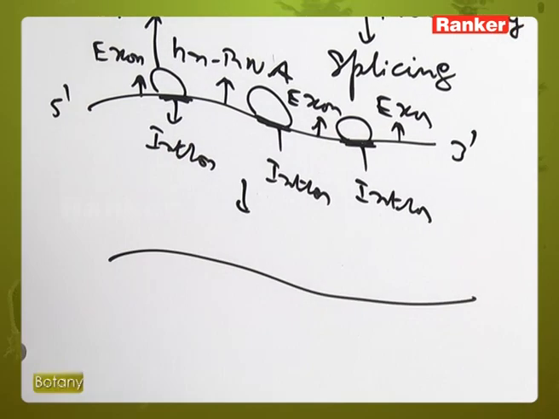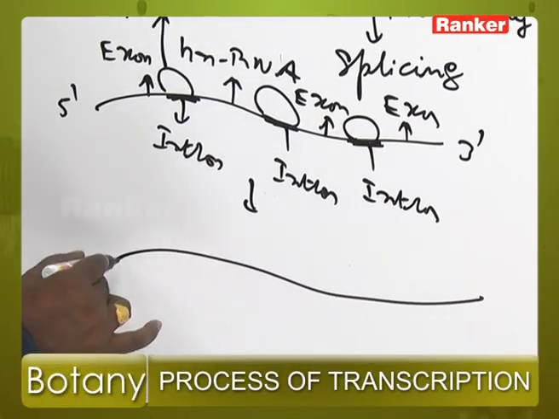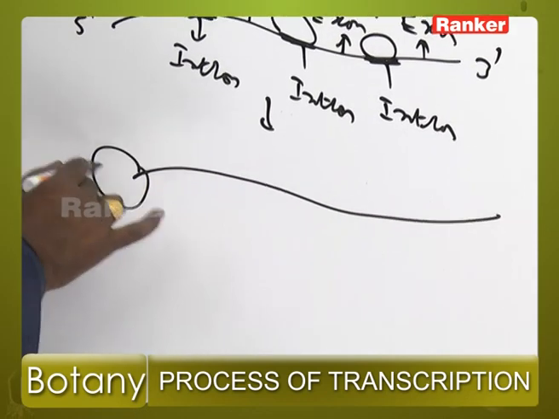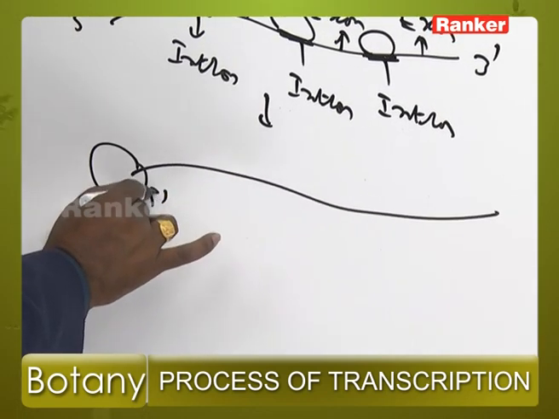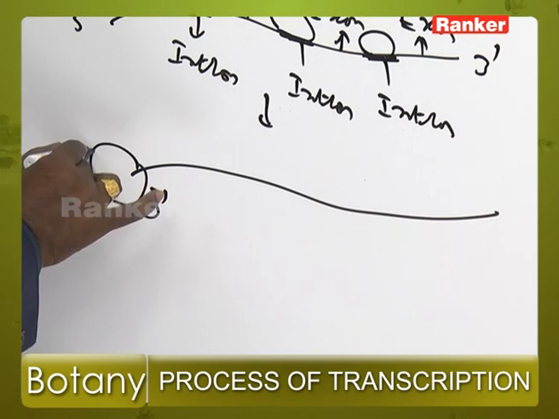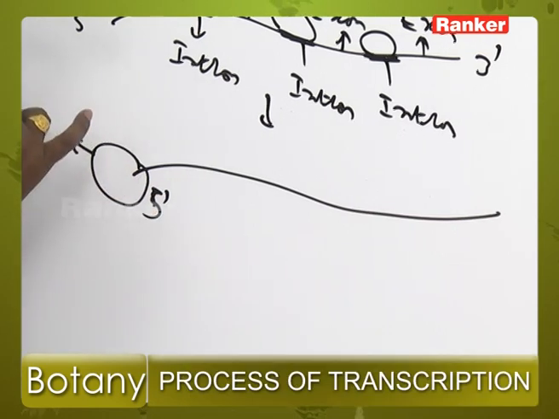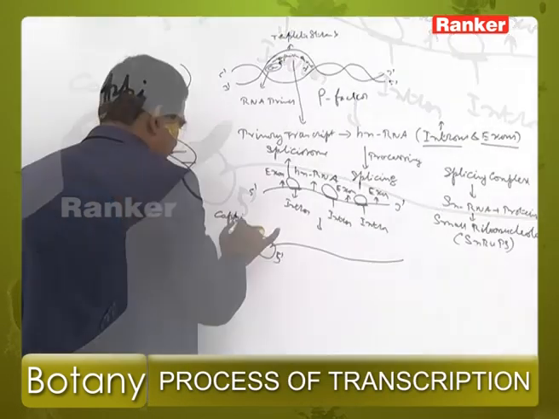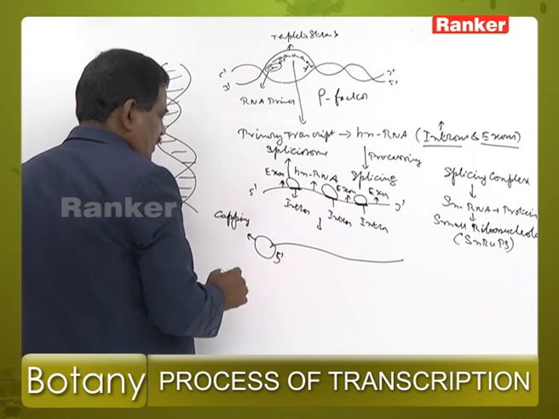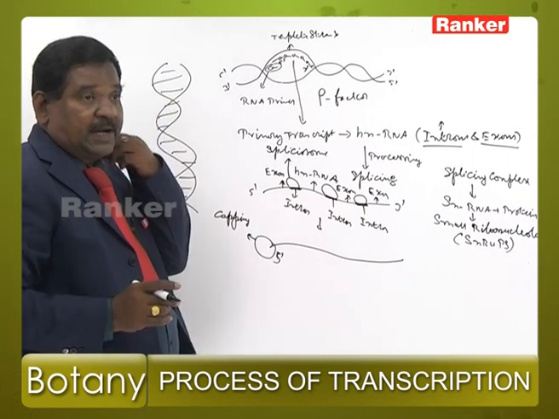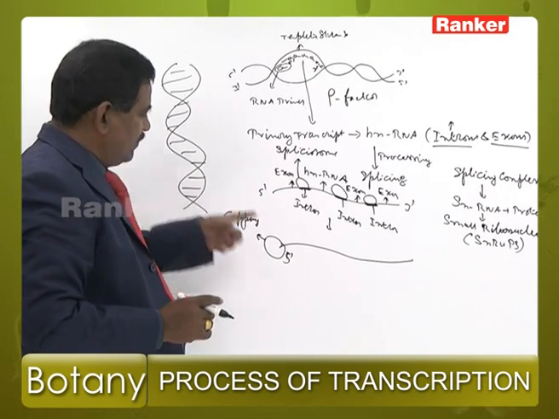Before splicing, capping occurs at the 5' end. An unusual nitrogen base, methyl guanosine triphosphate, is attached to the 5' end.